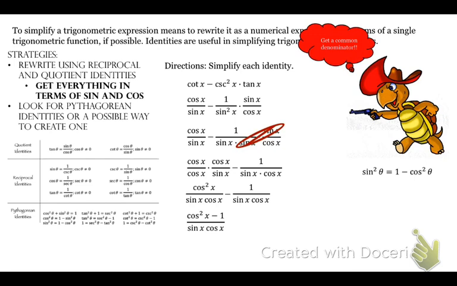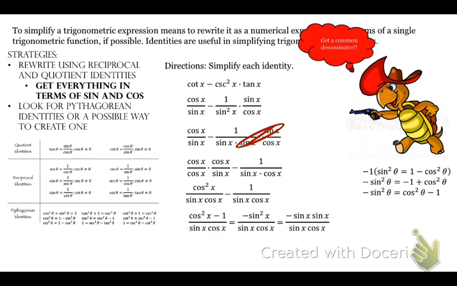So let's get those signs the same. Let's multiply everything there by -1. So then we get negative sine squared of theta equals -1 plus cosine squared of theta, which is the same thing if you just switch that order. So that means cosine squared of x minus 1 is the same as negative sine squared of x. And then that's over sine of x cosine of x.